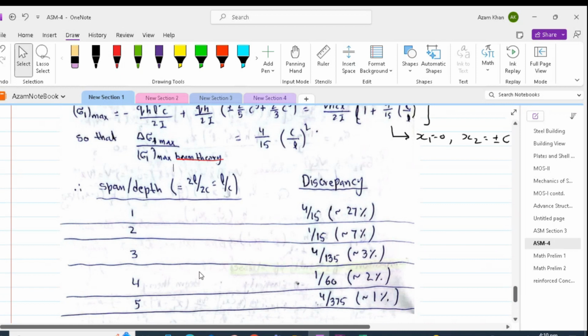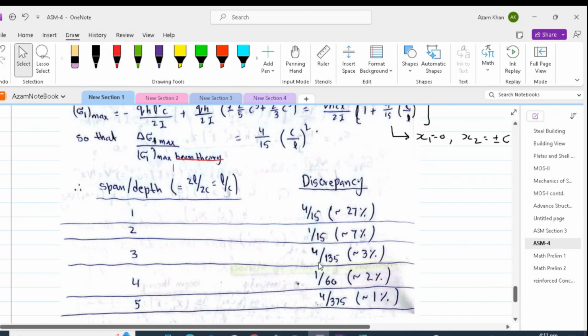Thus, from this expression, we can find that if the span to depth ratio is bigger than 3, then engineer's beam theory will work, because the percent discrepancy is very small.